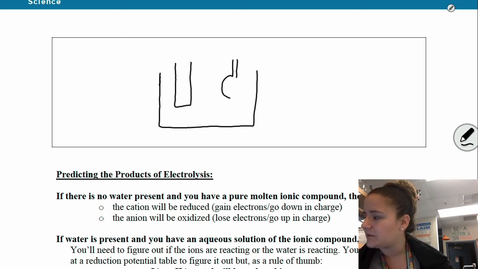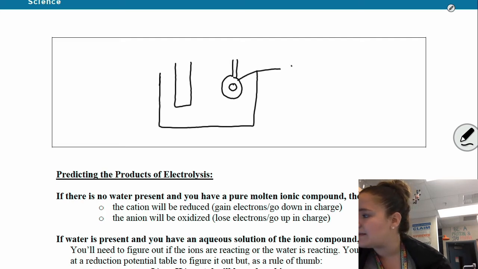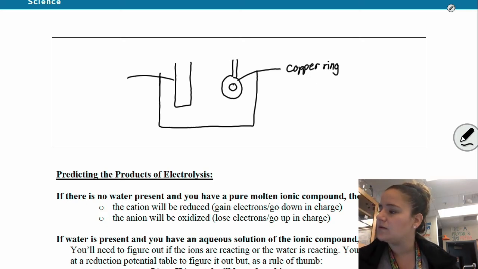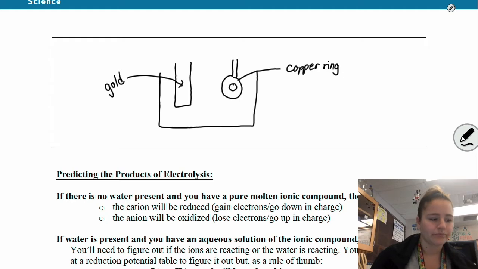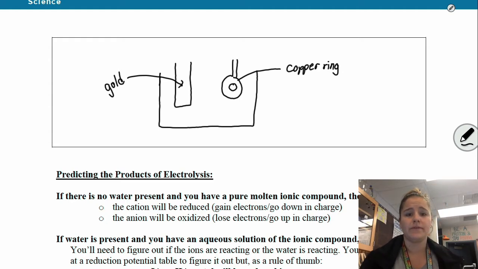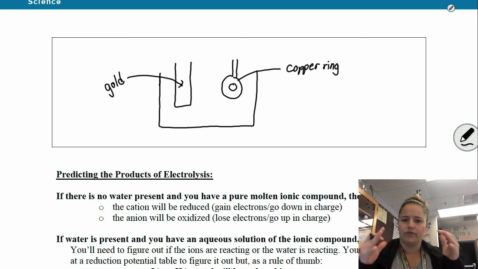We'll talk about which is which. I'm not a very good drawer, so let me label that. That is a copper ring that we want to plate in gold. And then here is our gold bar, which can be used to supply the gold ions that will go onto the copper ring.